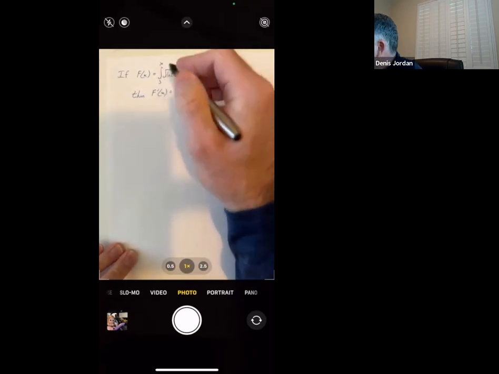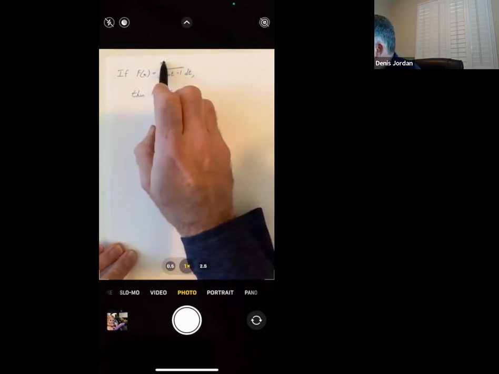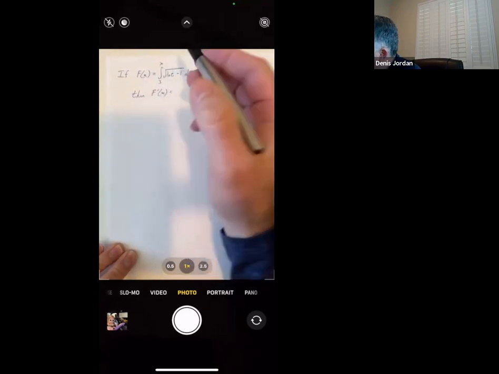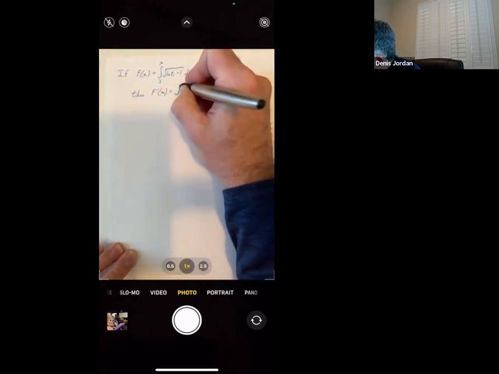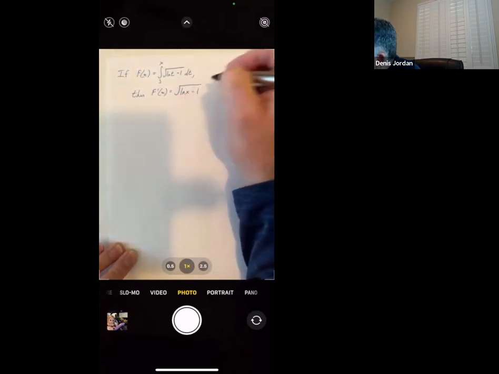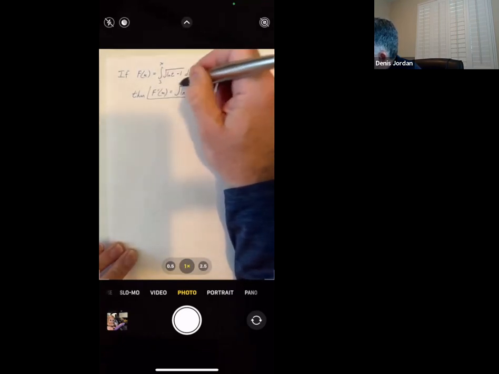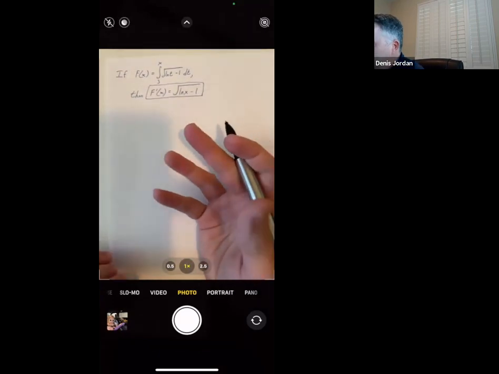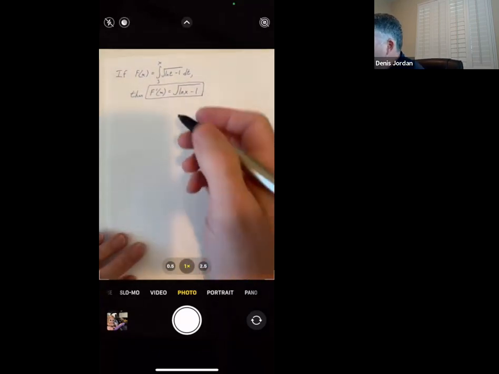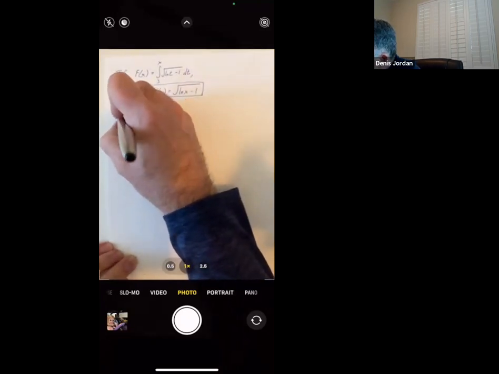And all you need to do is take the t and replace it with this x, and you're done. So this would be your answer. It's a really nice theorem because it shortcuts a lot of stuff, and it's like a 3-second question. However, there are some nuances to it.